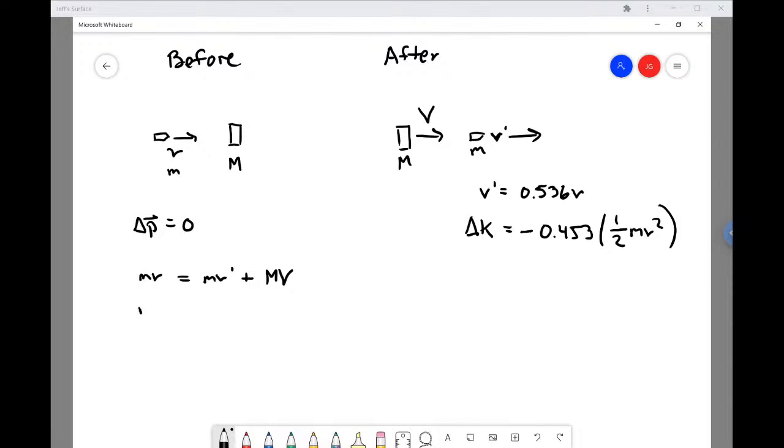We'd have little m, little v equals 0.536 little m, little v plus big M big V. That takes us to subtract the 0.536 little m little v from both sides, and we'll get 0.464 little m, little v equals big M, big V. Okay? I'll write that a little nicer.